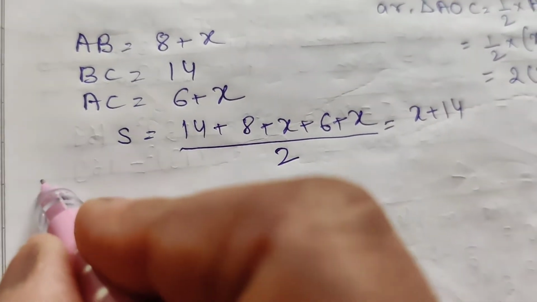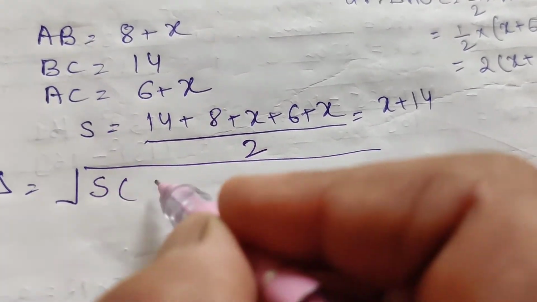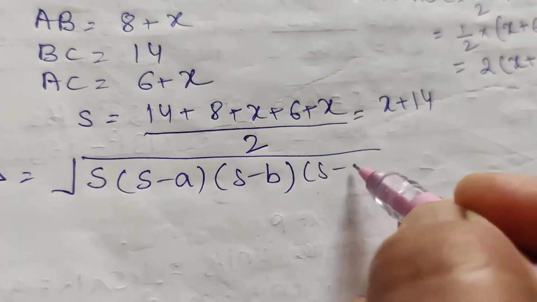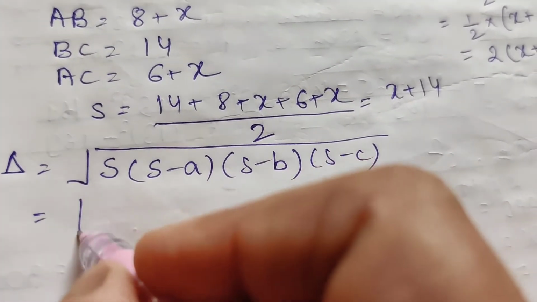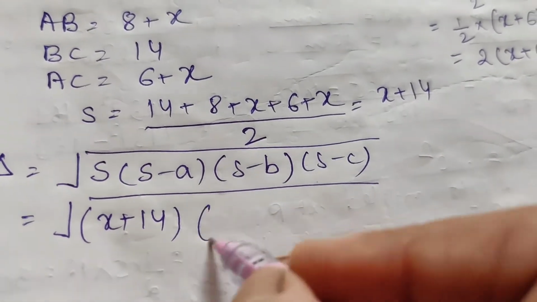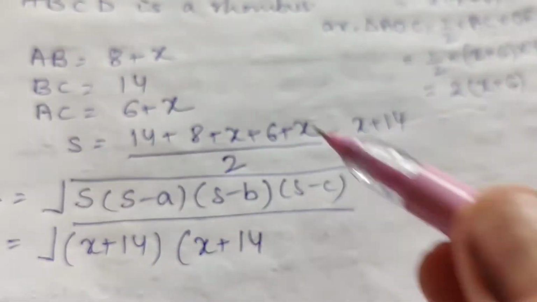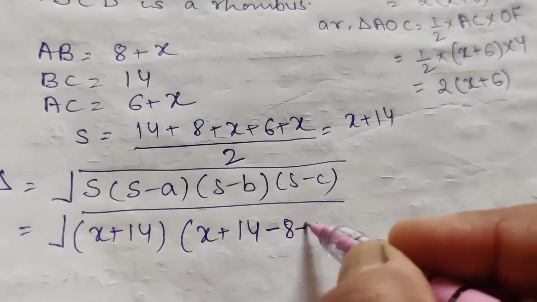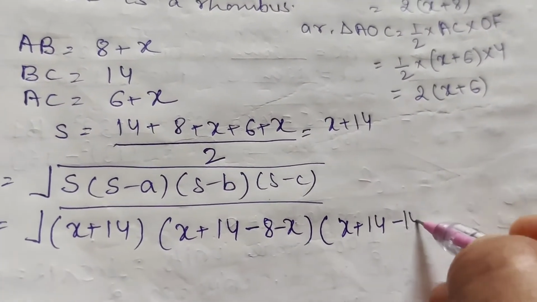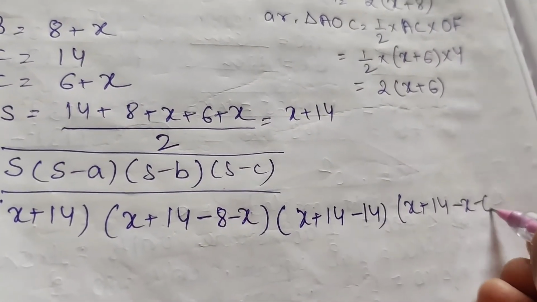And area of triangle ABC by Heron's formula is root of s into s minus a, s minus b, s minus c. S is x plus 14, and x plus 14 minus a: first x plus 14 minus 8 minus x, then x plus 14 minus 14, and x plus 14 minus x minus 6.